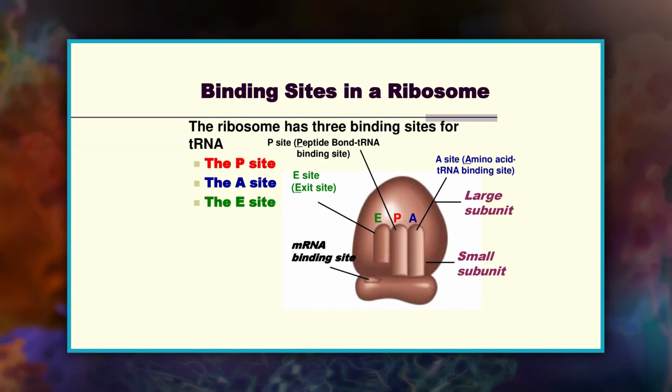The ribosome contains three important regions: the P, that is peptidyl site containing the growing polypeptide chain, the A site or the acceptor site that receives incoming charged tRNAs, and the E or exit site through which a deacylated tRNA leaves the ribosome.